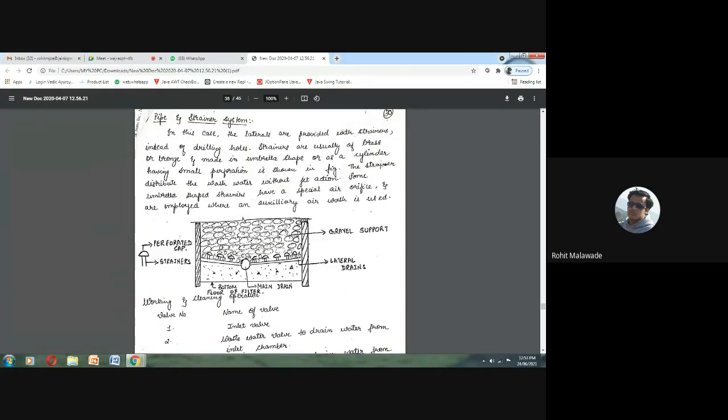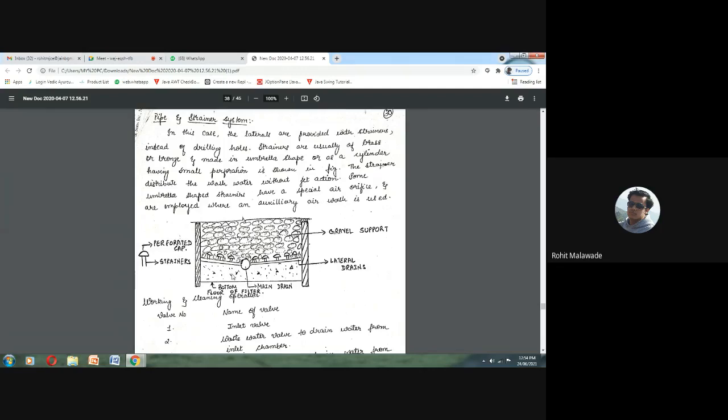These are the lateral drains. I have told that the slope will be maintained. So the water is going to be collected through this, and then it is going to pass through these lateral pipes. Then it is going to enter into the main drain. And then this is the bottom. This is the perforated cap, which we call a strainer, so that the strainers will not allow the larger size particles to enter into this particular pipeline.